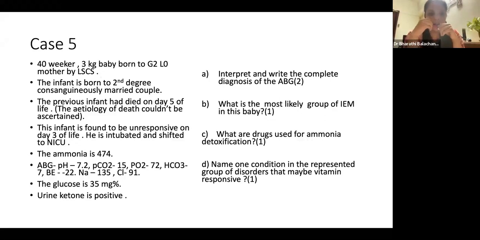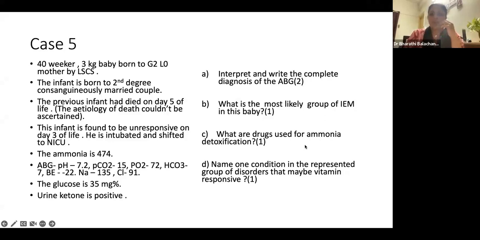Normal anion gap is around 12 to 14. So this baby has possibly high anion gap metabolic acidosis. And the most likely diagnosis with ketone positive, high ammonia, and acidosis is an organic acidemia because ketone is positive.